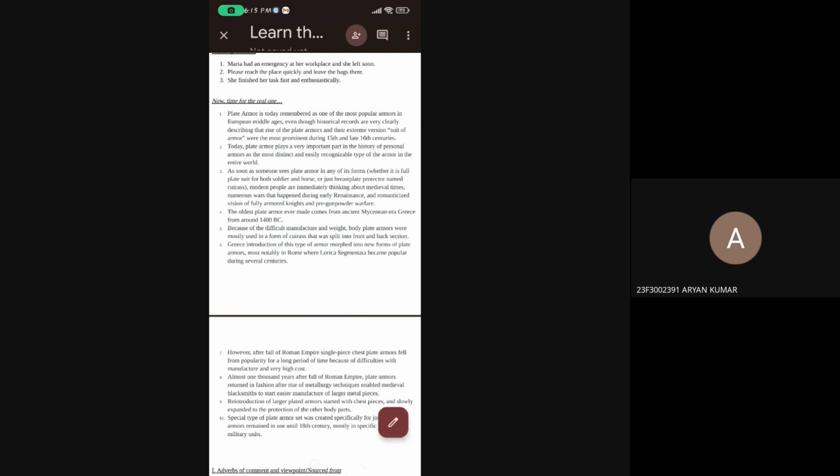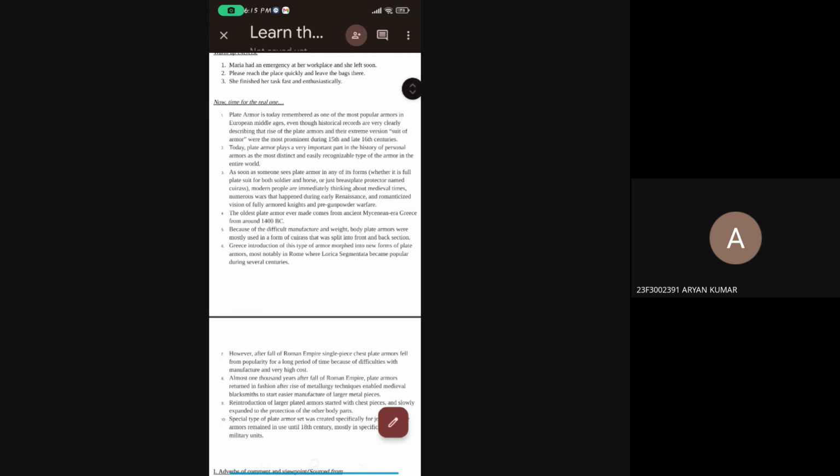Okay, good. Ma'am, what is even in the second line? No, that is not an adverb. Even here is a conjunction, even though together.